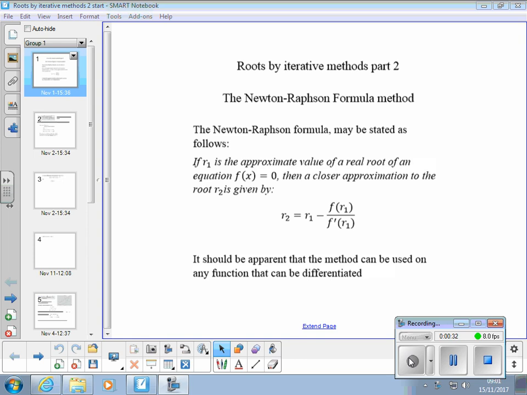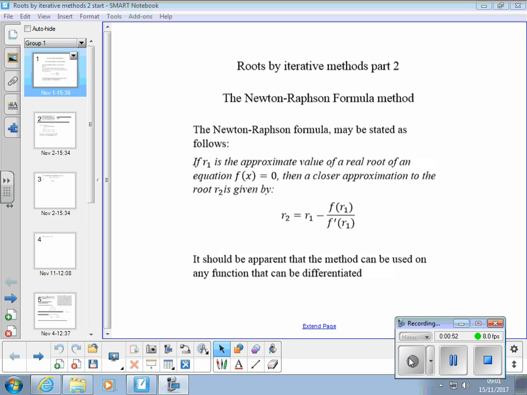Newton-Raphson's formula says if little r1 is the approximate value of a real root, so again we start from an initial approximation or a guess like we did with bisection last time.